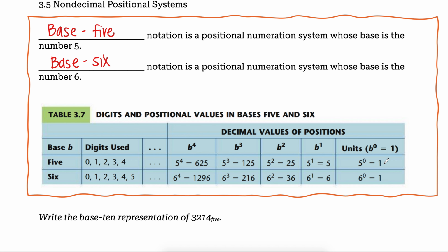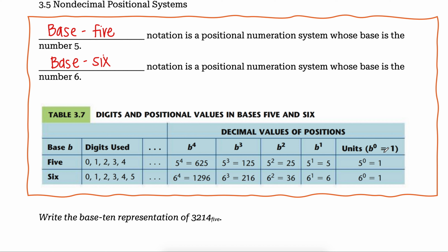When we're in base 5, that next position is the 5's place, or the 6's place in base 6. Then moving up in our base 10, the next one will be the hundreds place. That's 10 to the 2nd power. Here we have 5 to the 2nd power, which is 25, or 6 to the 2nd power, which is 36, and then it continues up.